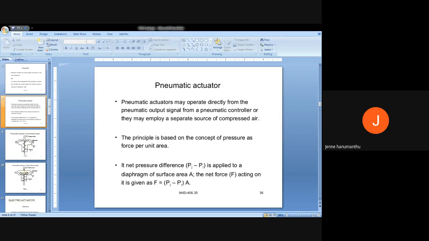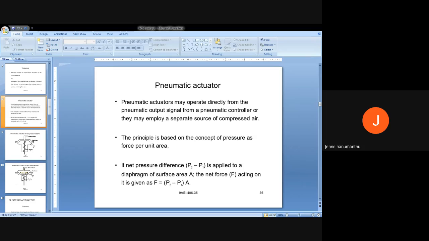But if I place a pneumatic actuator in my diagram, the pneumatic actuator accepts air inputs or pressure inputs, pneumatic inputs. So who can give the pneumatic inputs? The signal converter; the output of the signal converter is a pneumatic signal, an air signal. Pneumatic means air signal. That output is given to the pneumatic actuator. But what is the input to the signal converter?